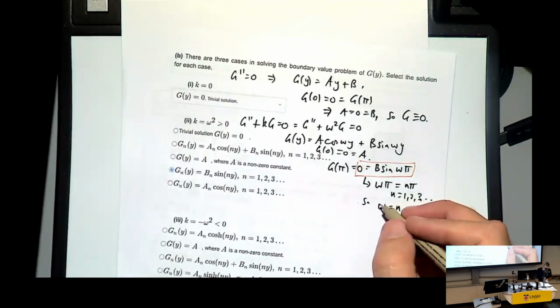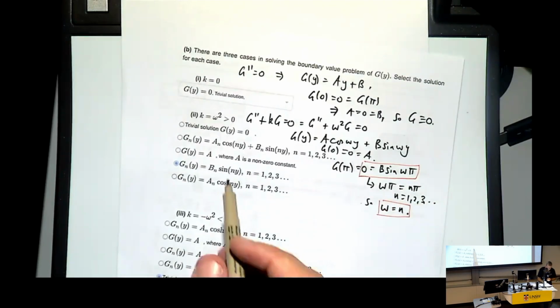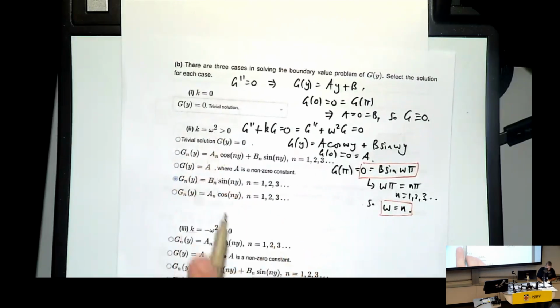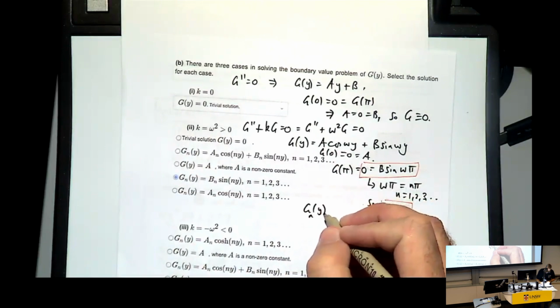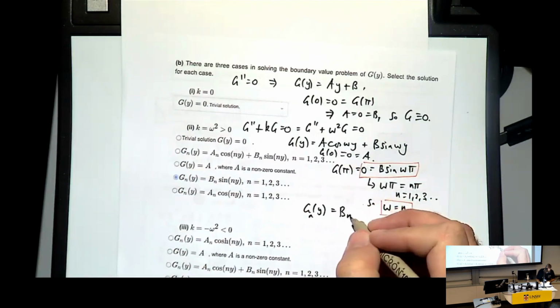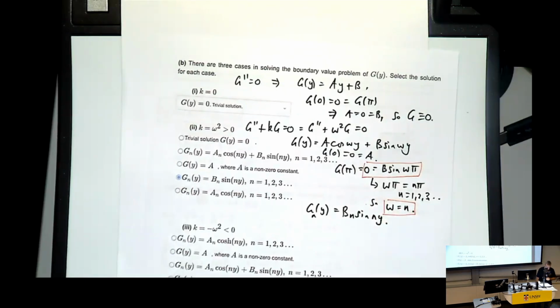All right, we get a sequence of solutions. So, which one out of this mess is going to give us the solution? Well, it's going to be that. Okay, so I've just basically replaced omega with n, and I've put a sequence of constants here because there's an infinite number of solutions here.